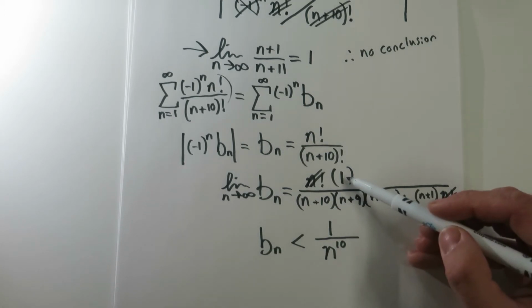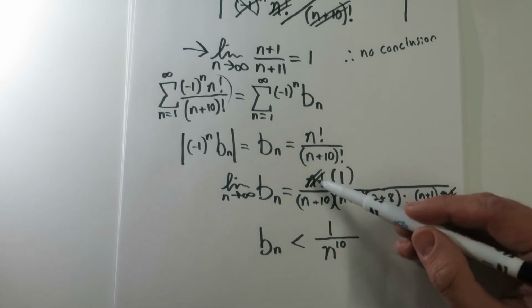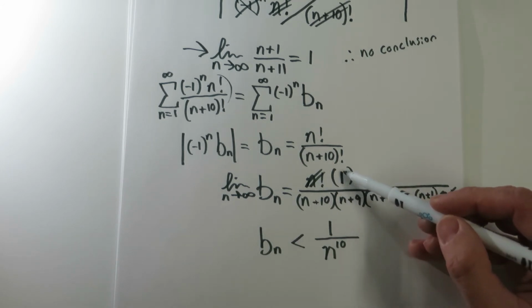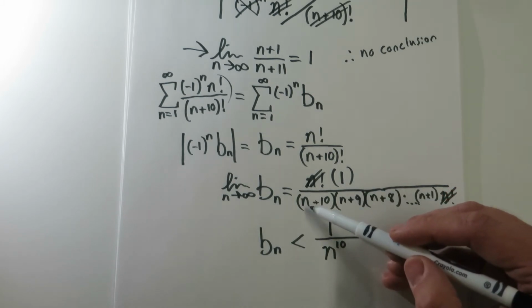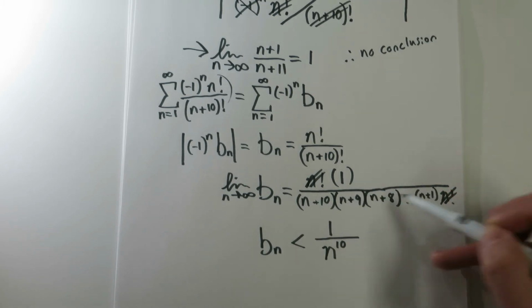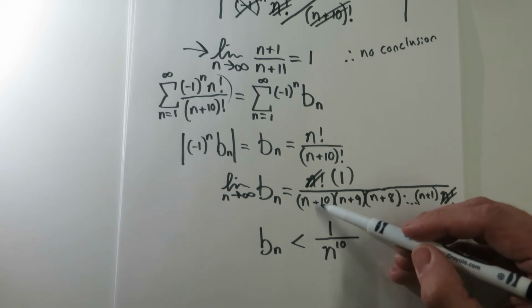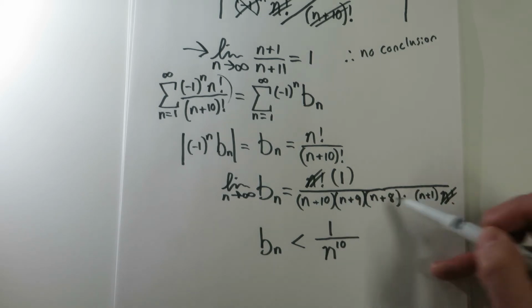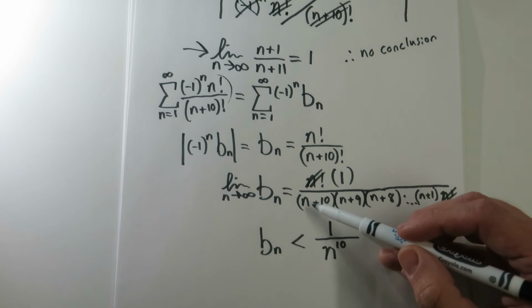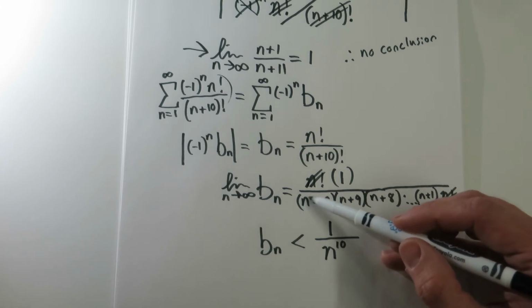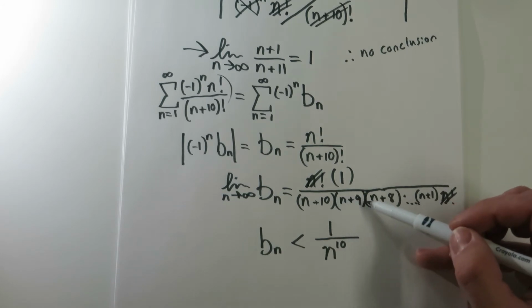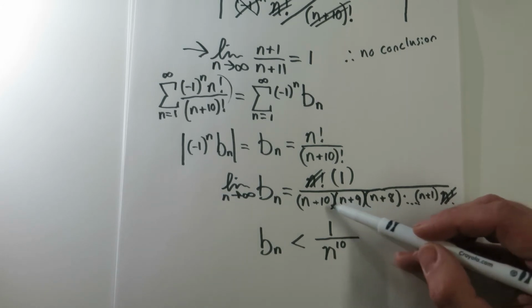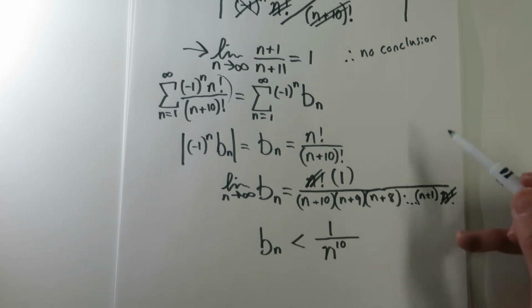Because this n factorial here just cancels out with this n factorial here. What we're left with is just 1 up here. And then we have 10 terms down here. We're going to have 10 terms of n plus something multiplied by one another. So what this is going to be is some polynomial that's going to start with n to the 10th power plus n to the whatever else power, on and on, and plus a constant.